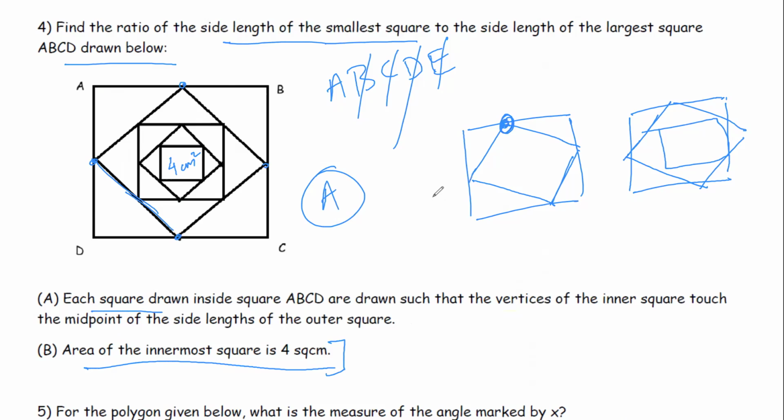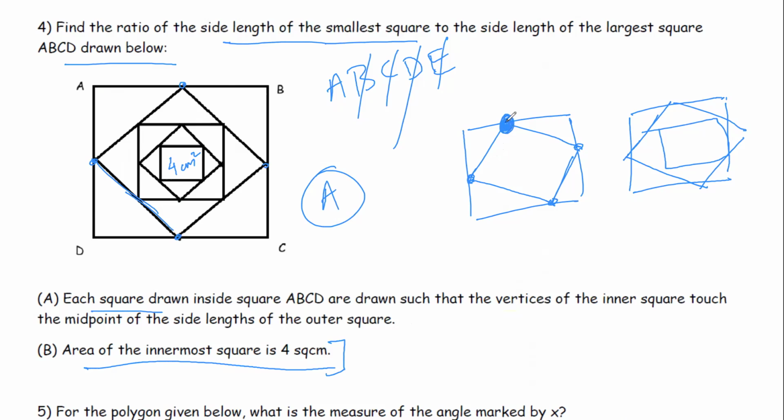I think that even if it was just touching the boundaries of the outer square, and we knew that they were all squares, then we could have got to the answer.